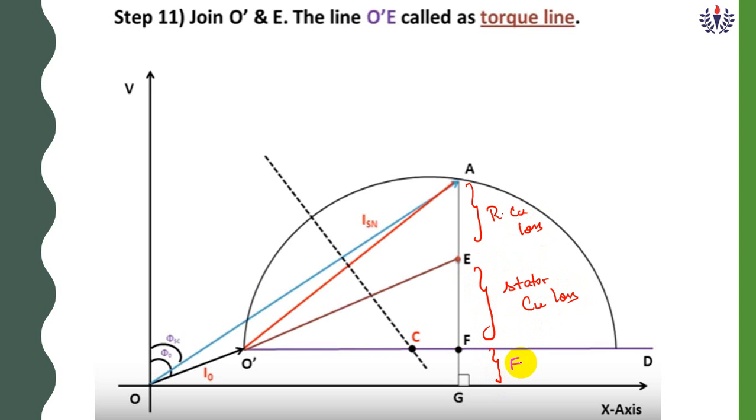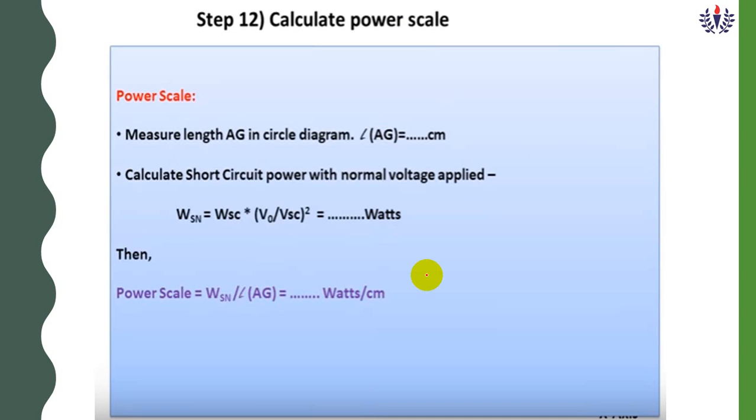F to G is the fixed loss, and O dash to A will be the output line. O dash to E is the torque line.